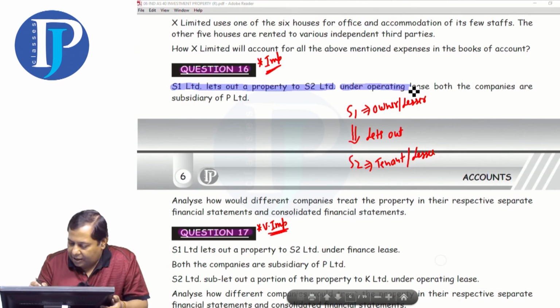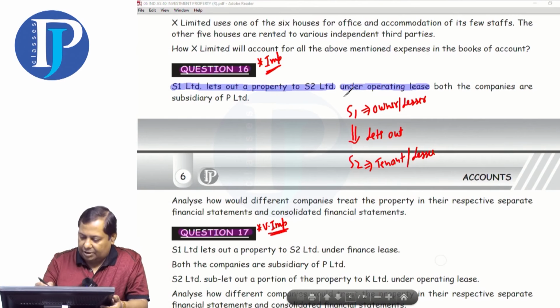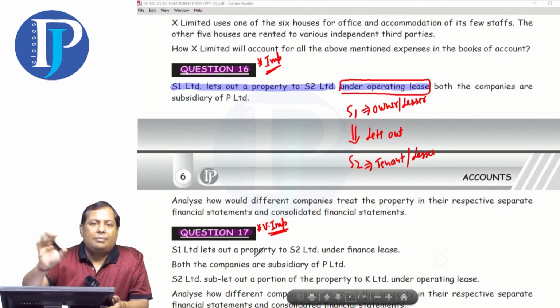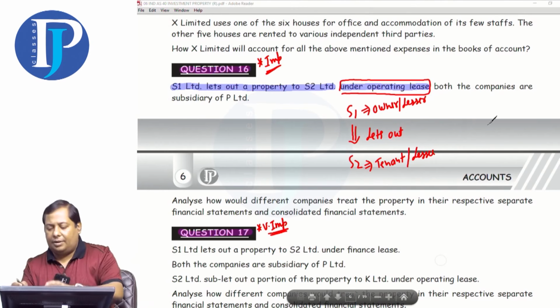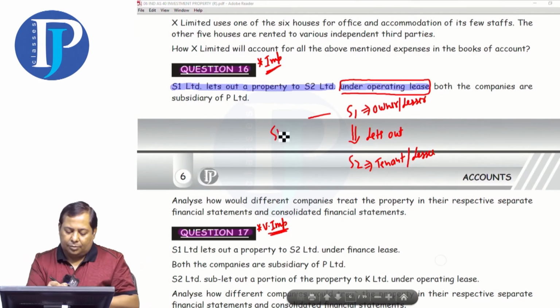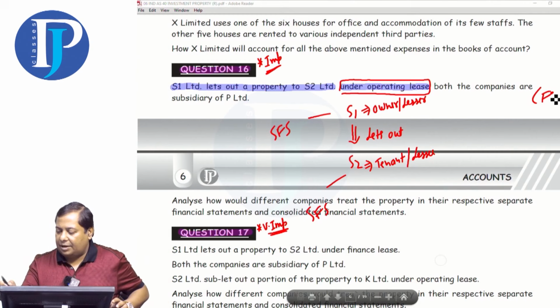So under an operating lease, the point is that if we talk about operating lease, and I'm not making CFS, for example, I am talking about the SFS, okay? I'm not talking about CFS right now.